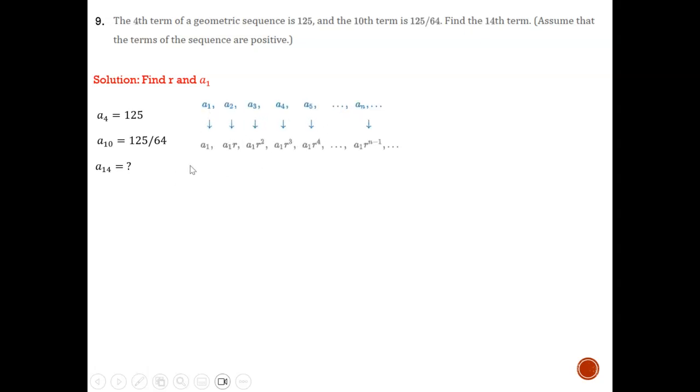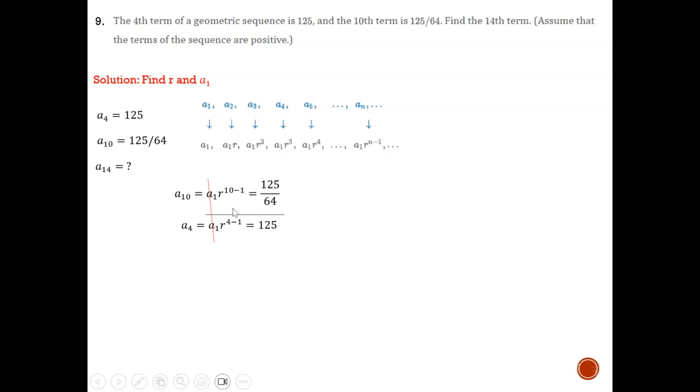Now right here's our formula. A1 is A1, so this is more or less the formula we're going to be using. According to the formula, the exponent on the ratio is always 1 less than the term number. So A10 is equal to 125 over 64, and we're going to divide it by A4, which is A1 times R to the third power, because 4 minus 1 is 3. The A1s cancel.